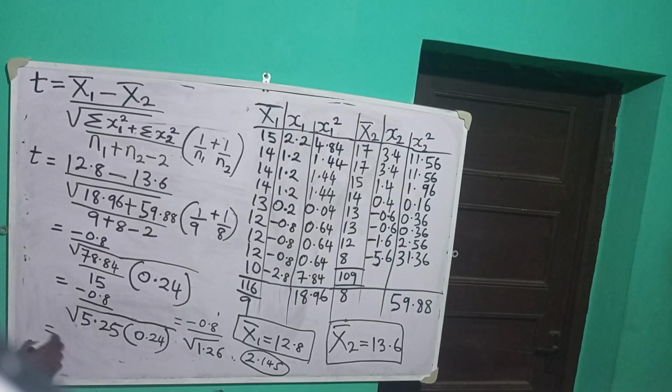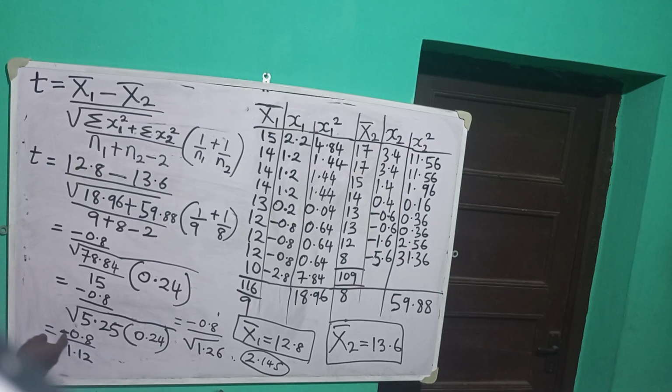So this will now be equal to 0.8 divided by the square root of 1.26. The square root of 1.26 is 1.12.